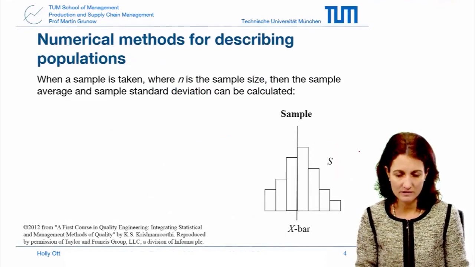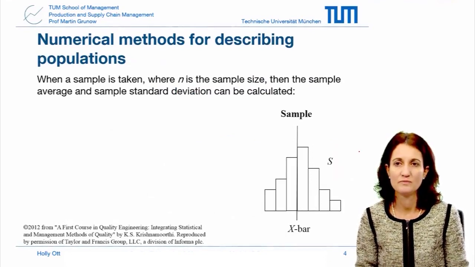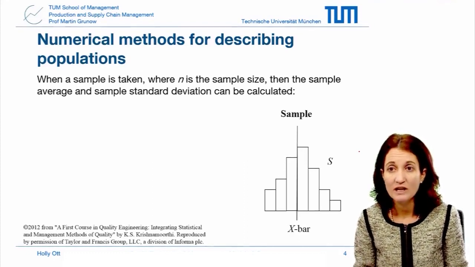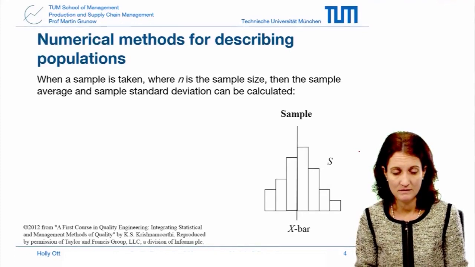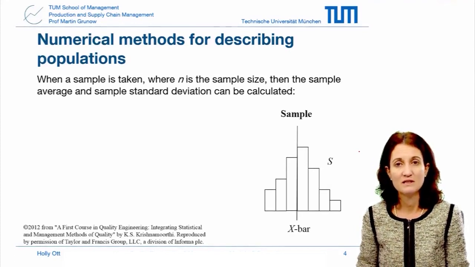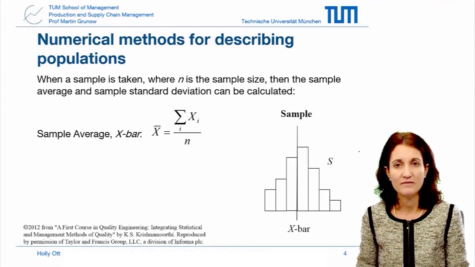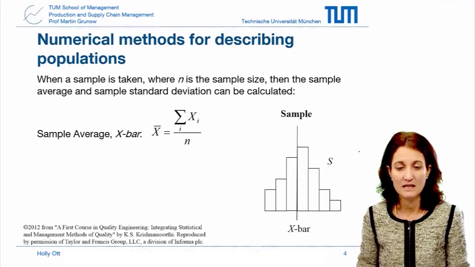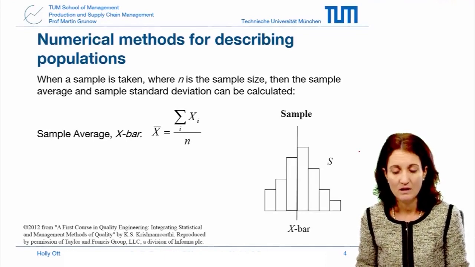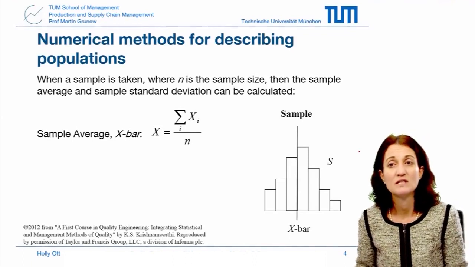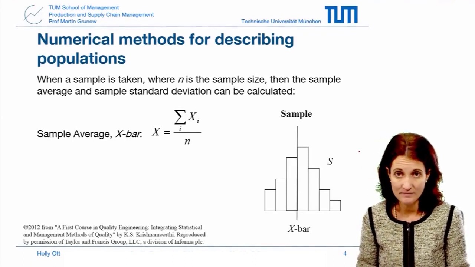Now, as we also saw in session 2, if we only have a sample, we're actually estimating the average and the standard deviation. The sample average is calculated as the sum of all the observations in our sample divided by n.